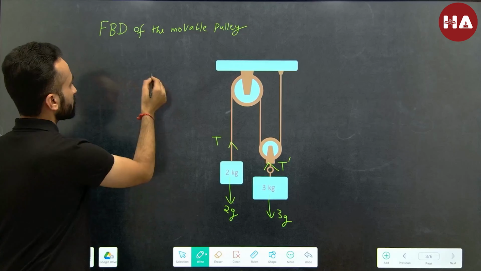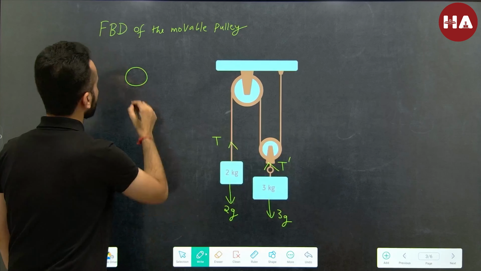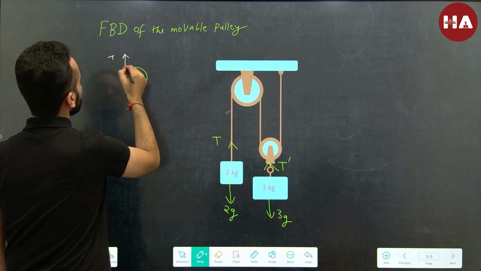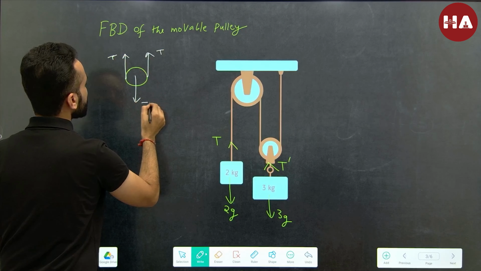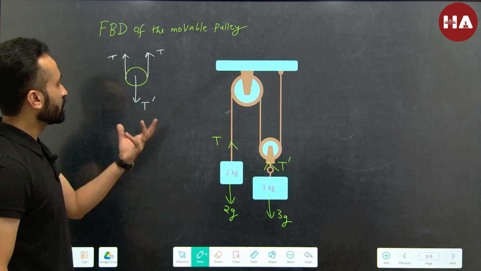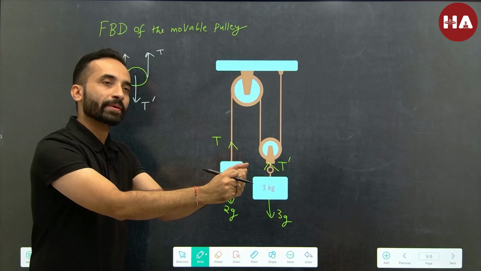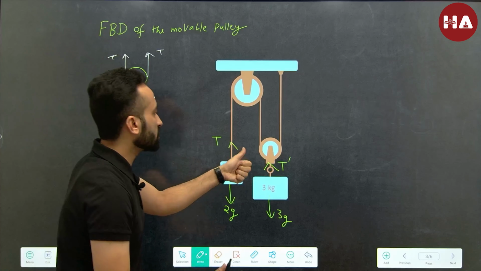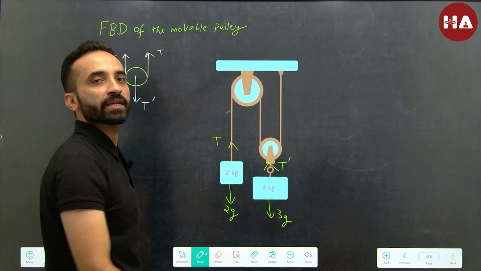All right, so this is the movable pulley. I will show the tensions very quickly here. This is T, this is also T, while this is T dash. When I'm drawing the free body diagram of this pulley, of course, a rope can only apply a pulling force. So this rope is pulling upwards, this rope is pulling upwards, while this rope is pulling it downwards.